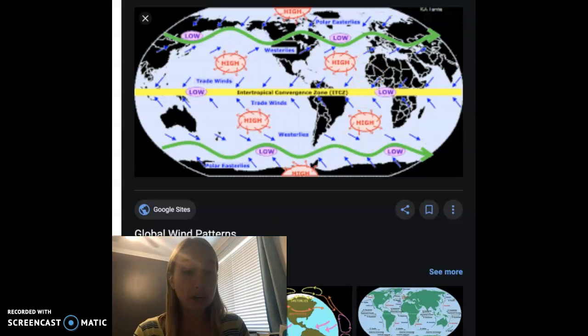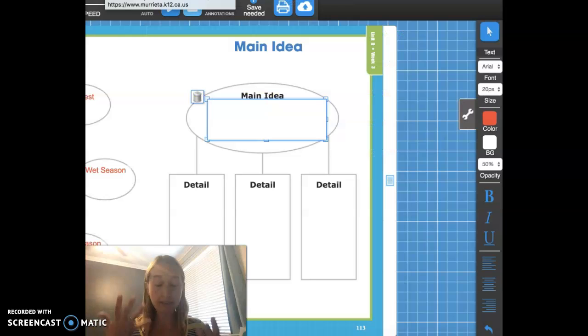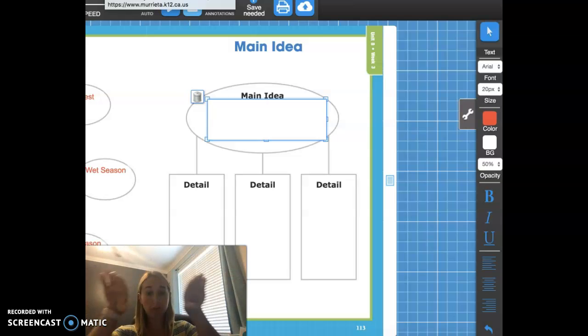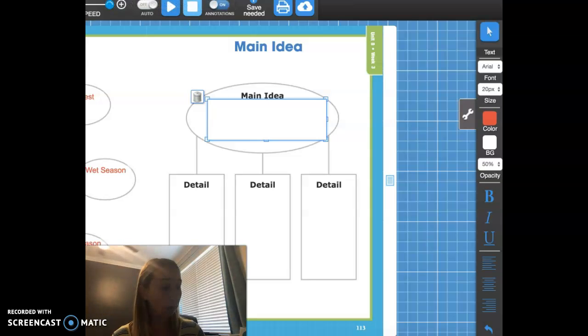Okay, guys? Now we're going to talk about the main idea and the details of our passage. What is the main idea of our passage? We're learning about that rainforest tropical belt that goes around Earth, the ITCZ. So what did we learn about the rainforest? Do they have hot and cold temperatures? Nope. Do they have wet and dry seasons?